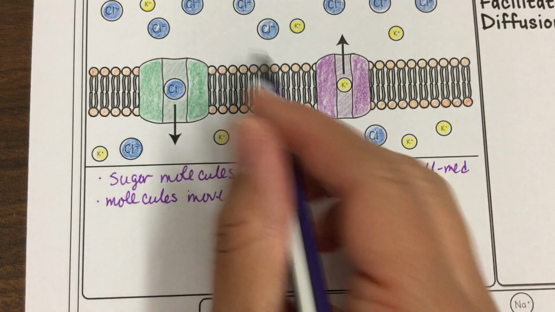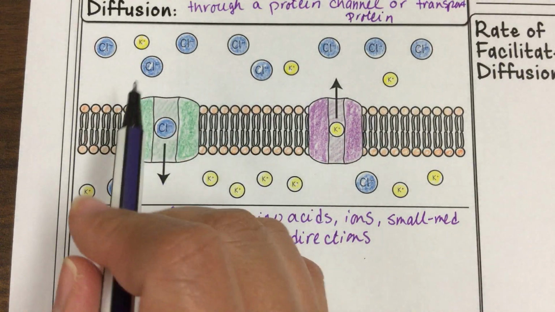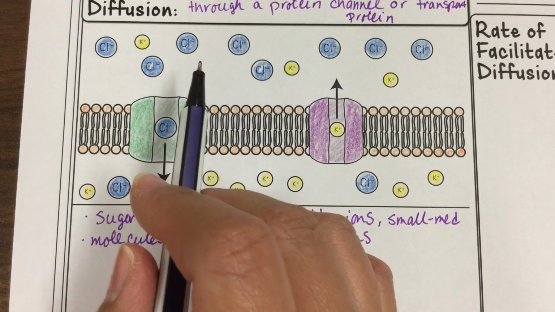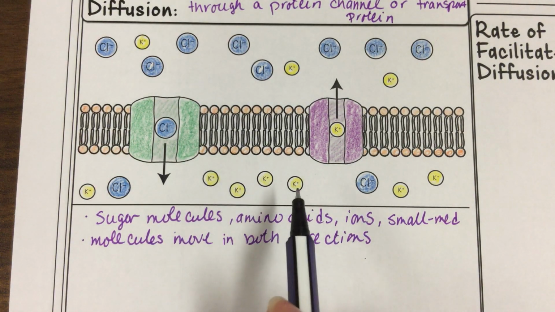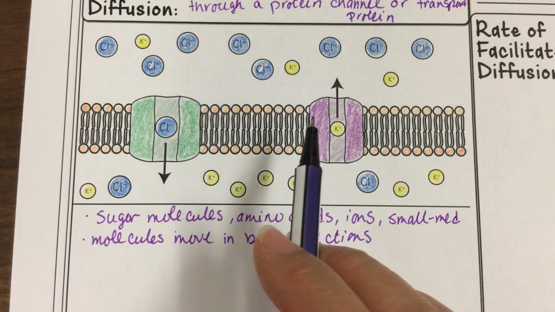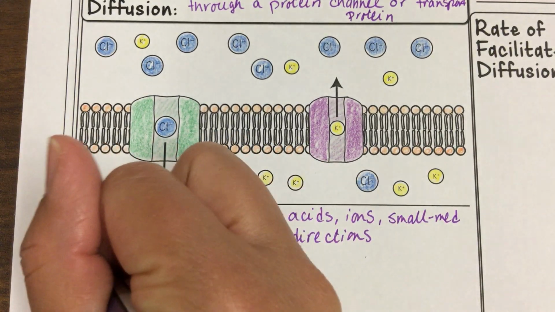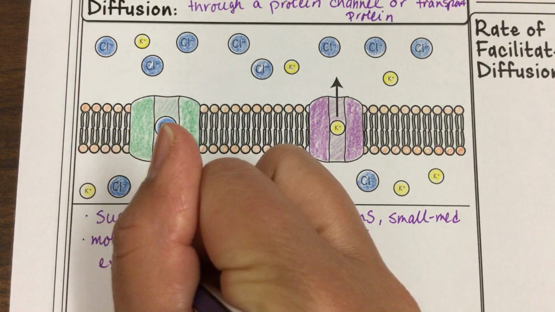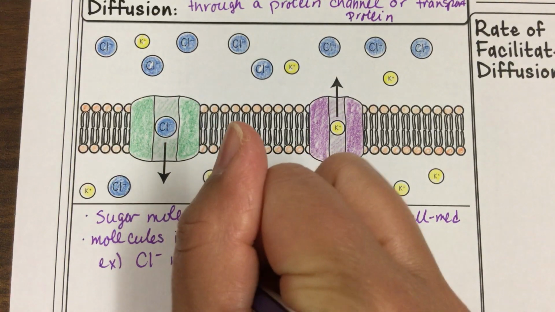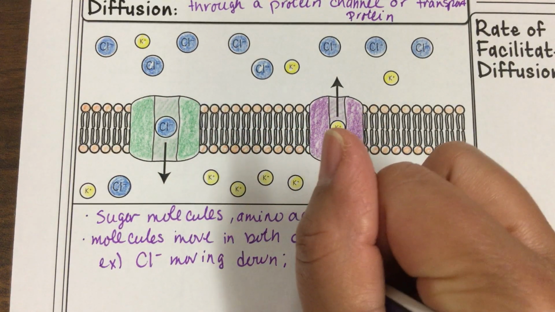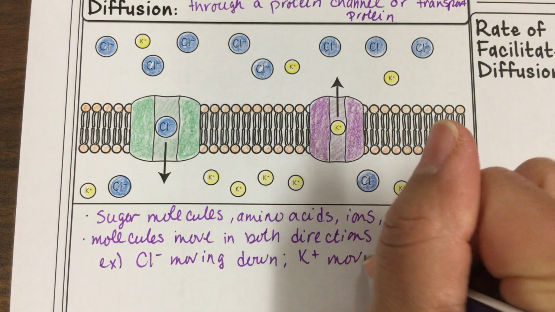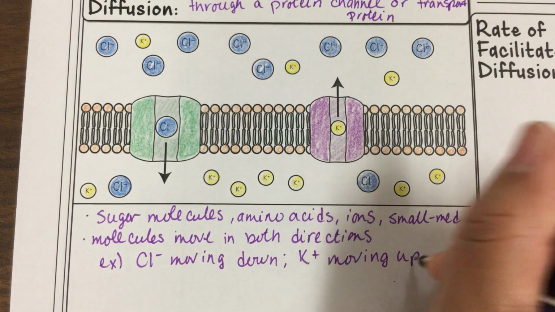So, for example, when I'm looking at this diagram, I have more chlorine ions at the top of my membrane, so they're going to be moving down. I have more potassium ions at the bottom, so they're going to be moving up. So in my example, chlorine moving down, potassium moving up.